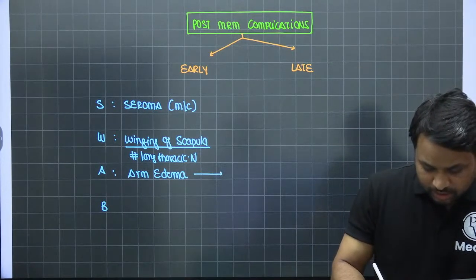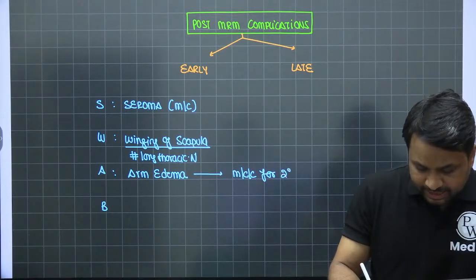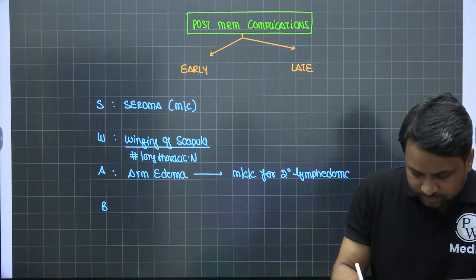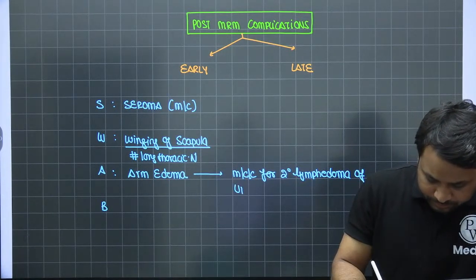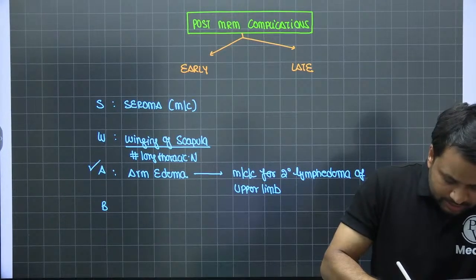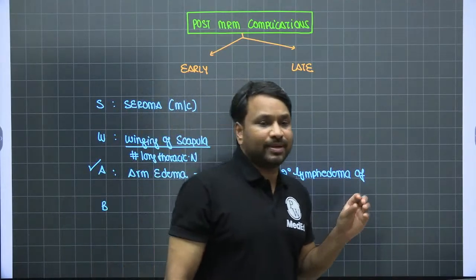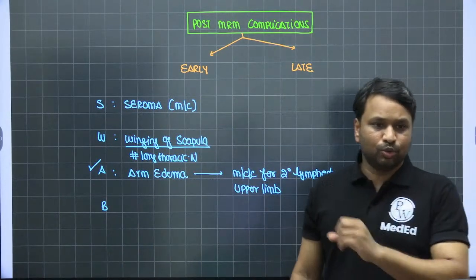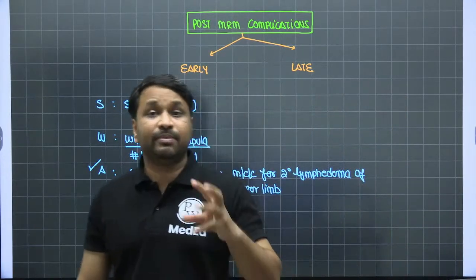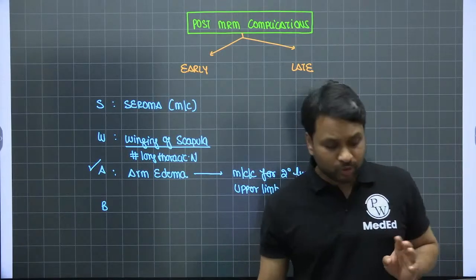Now, remember the most common cause for secondary lymphedema of upper limb is post-MRM status. Post modified radical mastectomy, the upper limb edema occurs in this context. Overall, the most common cause for secondary lymphedema is filariasis, but with respect to the upper limb, it is post-MRM status.